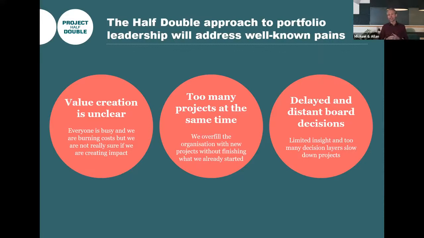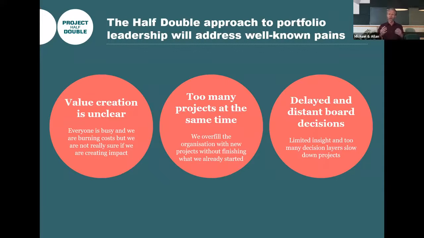The second pain that we often meet when we consult related to portfolios is that we have too many projects at the same time. We see the whole organizational system being overflowed with projects. And it seems harder to finish some of these projects, even though a lot of projects are ongoing and getting started.